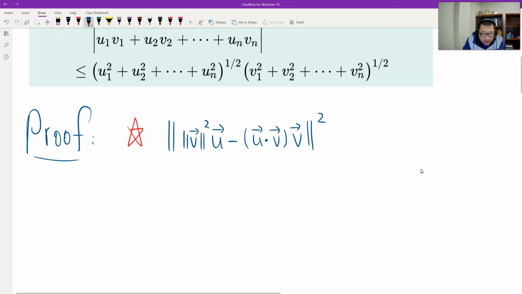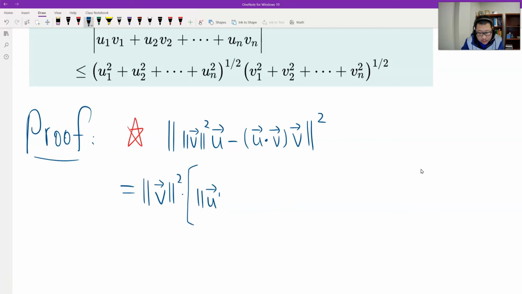And this should equal the norm of v squared times the norm of u squared times the norm of v squared, minus u dot v squared, in parentheses.